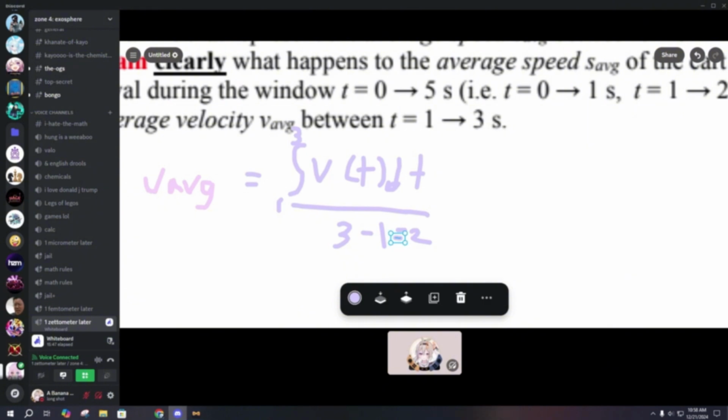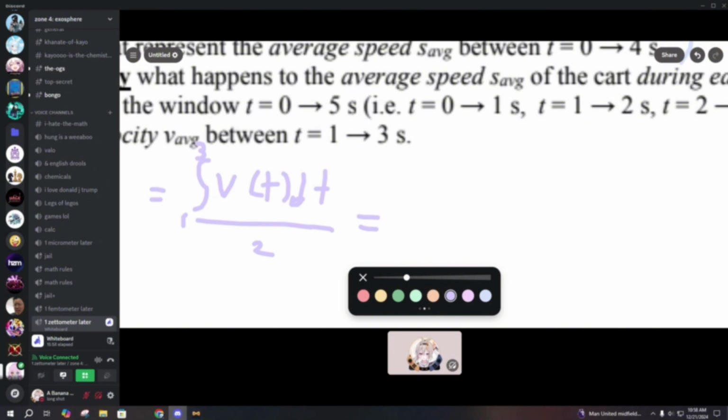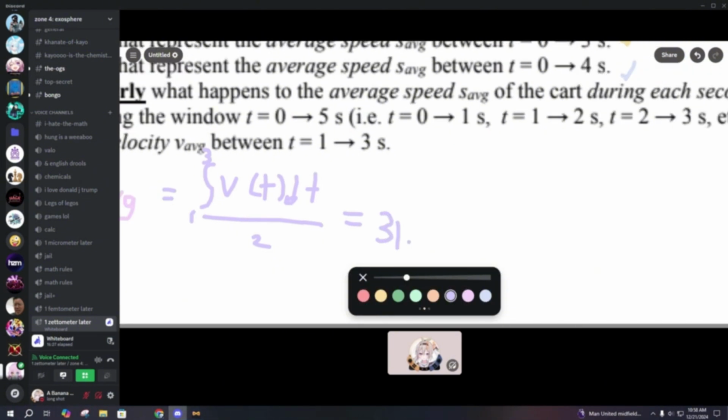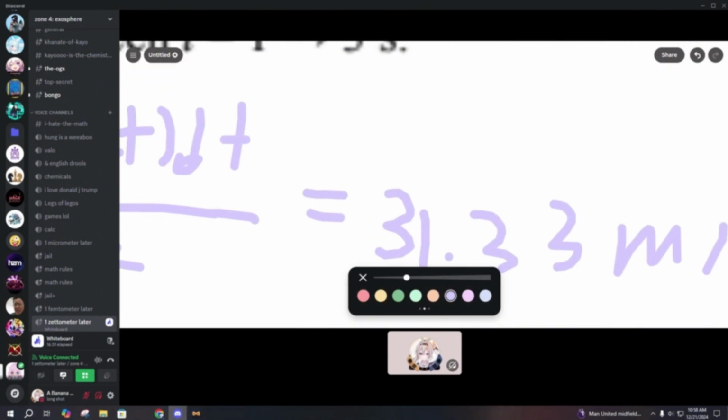So I can omit this. So yeah, that would get me the change of displacement over change of time. That gets me 31.33 meters per second. Since the vector, positive.